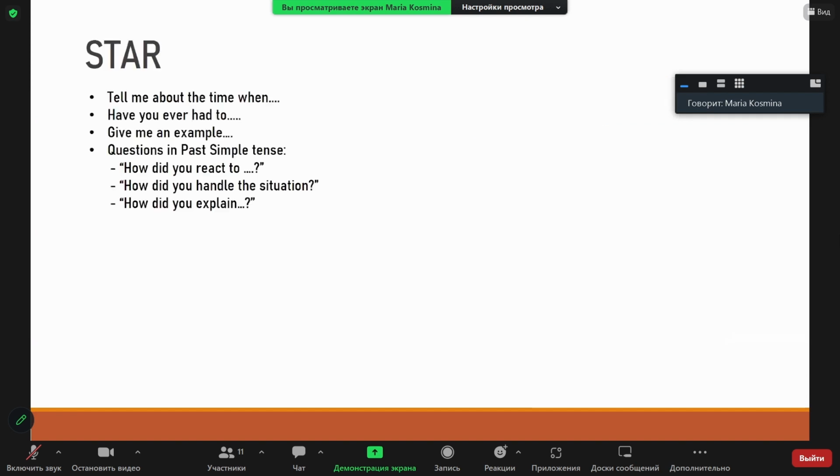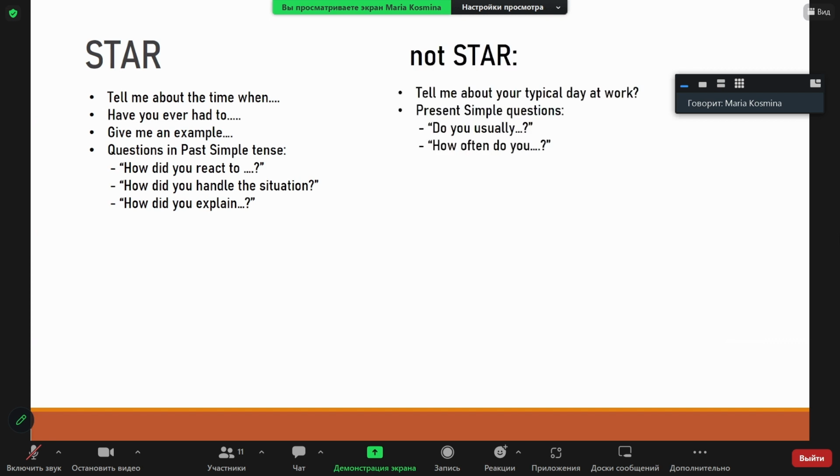If you have language markers in the question, like tell me about the time when, have you ever had, give me an example, or questions in past simple tense talking about a specific situation in the past, like how did you react to, how did you handle, how did you explain, then you should stick to the STAR model.